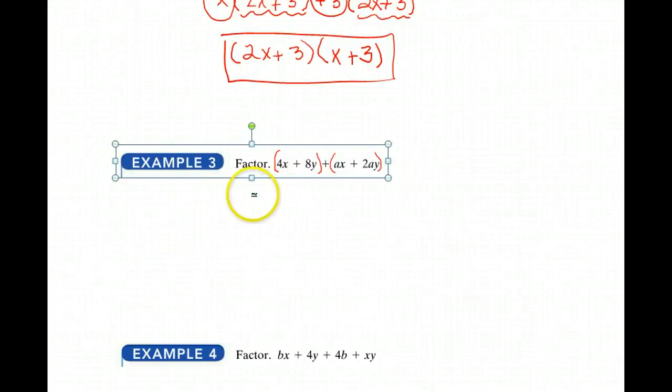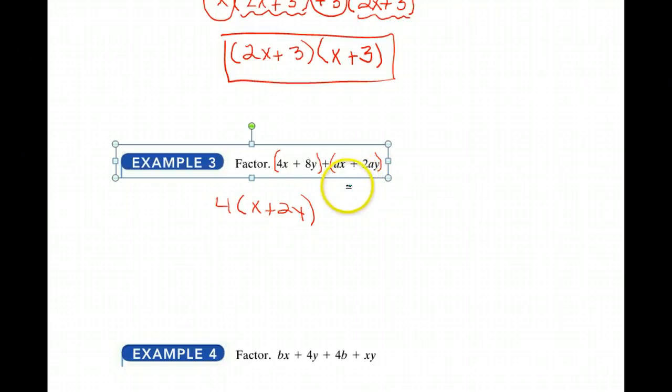So we want to identify the GCF of my first group. What can we divide out of 4x plus 8y? We can divide out a 4 from both of those terms. 4x divided by 4 is x. 8y divided by 4 leaves us with 2y.